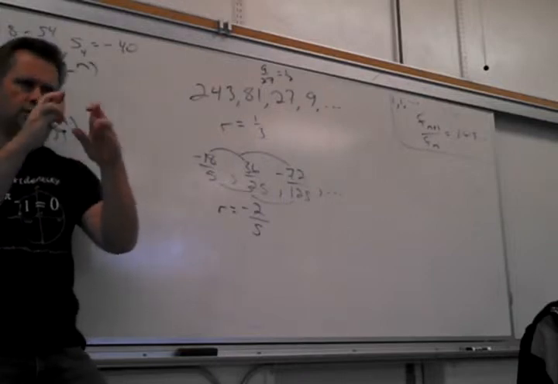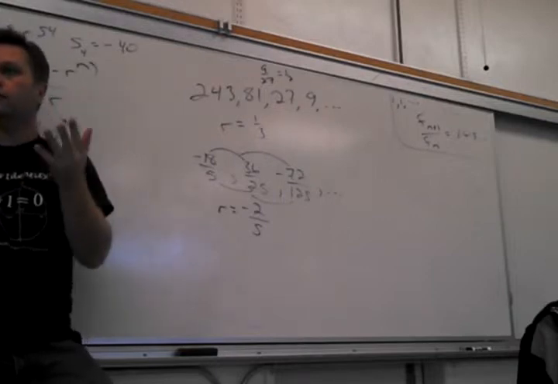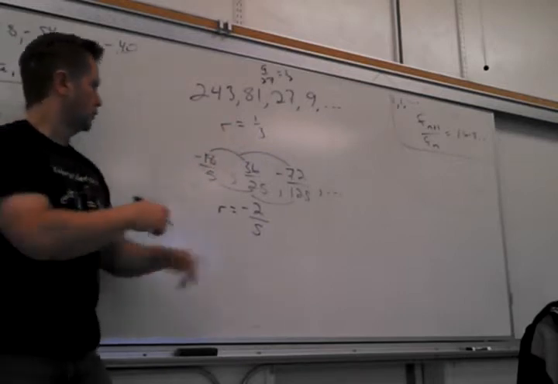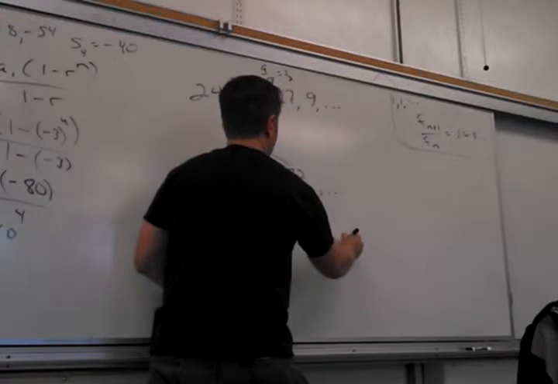Alright, maybe you guys see that. Because if you can't figure out what R is, you're screwed. Everything depends on R. So if I ask you in this problem, what's A11?